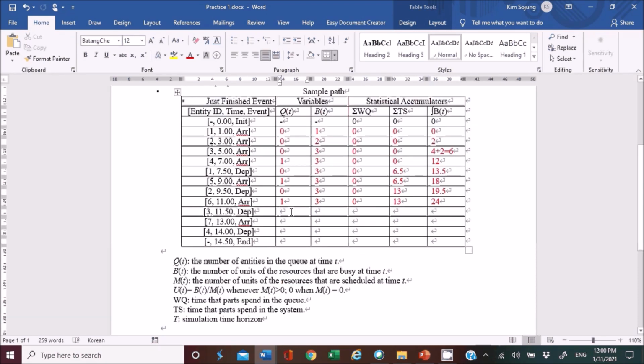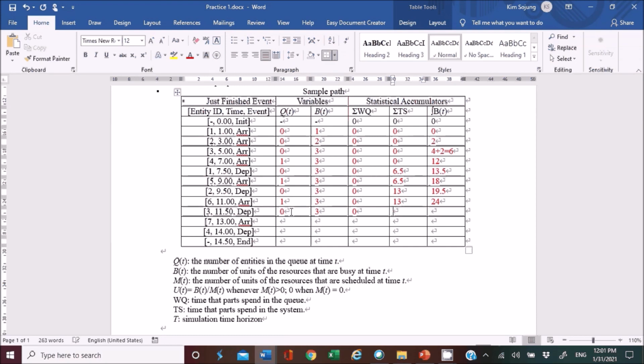Next, we have a departure event of the third entity, and as you know, this one also does not have a waiting time, so that's why you still have a 0 total waiting time, and QT value is 0 because when this entity leaves, entity 6 can reserve the server. That's why. Okay, and TS, this one also spent 6.5, right?